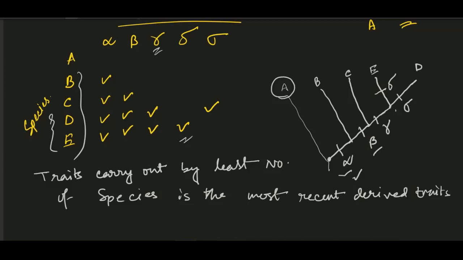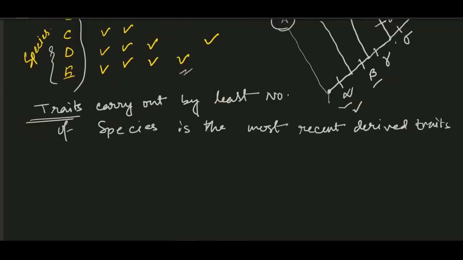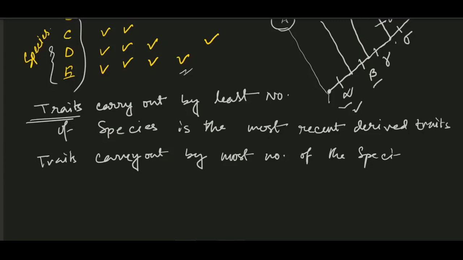So the species that contain these traits tend to be the terminal species, and the traits that are carried by the most number of species are the ancestral traits.